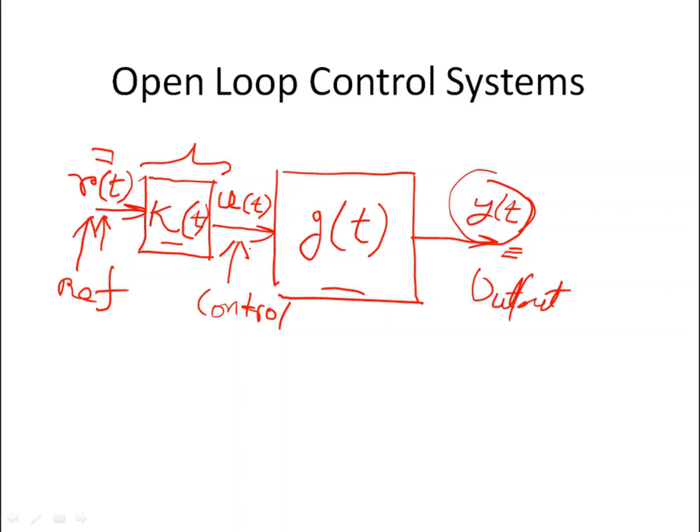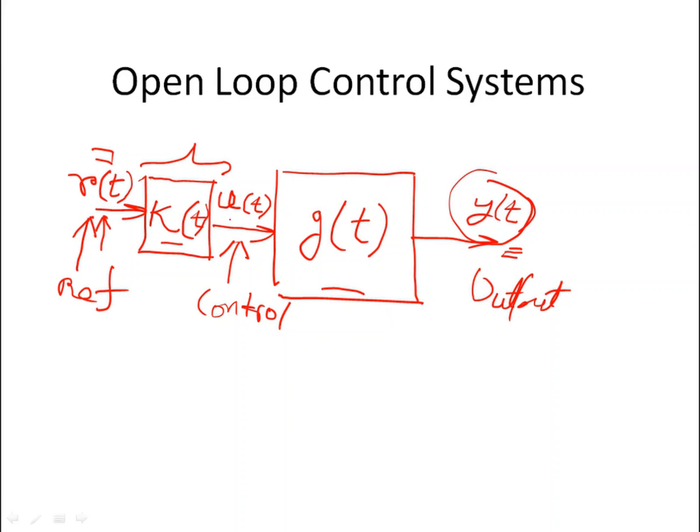So we design a controller KT so that whenever you are giving a desired input, the controller KT is filtering the spikes and pushing in an input which is suitable to run our plant or our system. So this is an example of open loop control system.